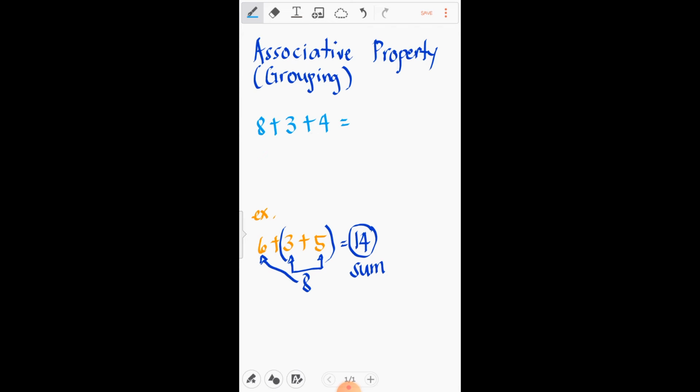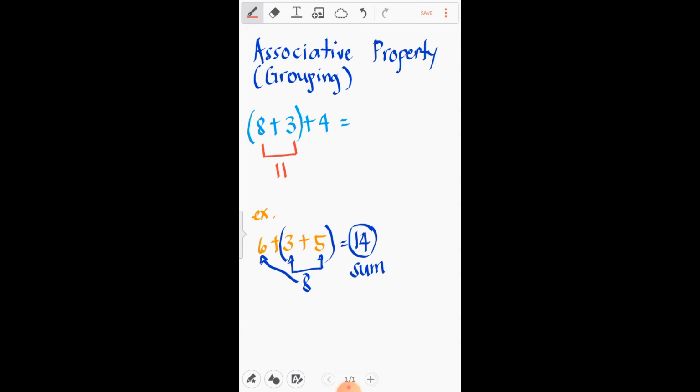Say for example, I'd like to group 8 and 3. Let's try to group 8 and 3 first. So, I would like to know the sum of 8 and 3 first. What's 8 plus 3? 8, 9, 10, 11. Yes, 8 plus 3 is 11.